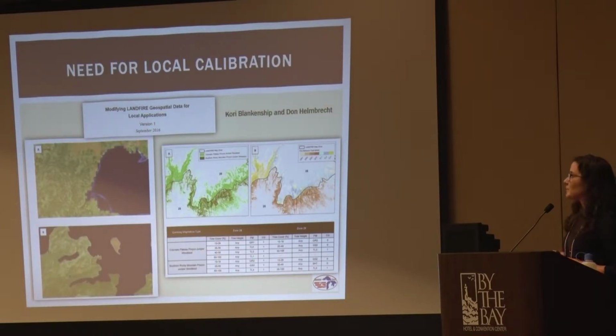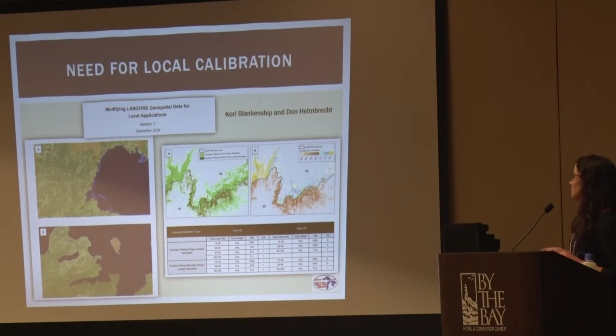So, the need for local calibration. LANDFIRE says this over and over and over. When you're going to use any GIS data set, especially based off of models, which all of them really are in some way, you need to really look at the data and make sure that it makes sense in your area.